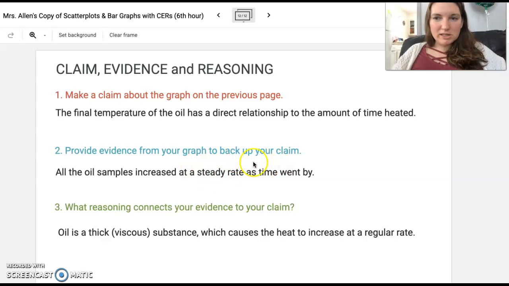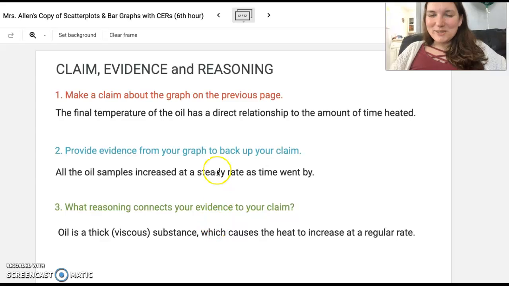And again, this is a good place to talk about a direct relationship, inverse, complex, nonlinear, something like that. And then the reasoning is going to connect it back to some broader scientific knowledge. So for this one, I was like, well, maybe perhaps since oil is such a thick, viscous substance, that could cause the heat to accumulate at a very steady, regular rate. Okay? So that's what you're supposed to do there.